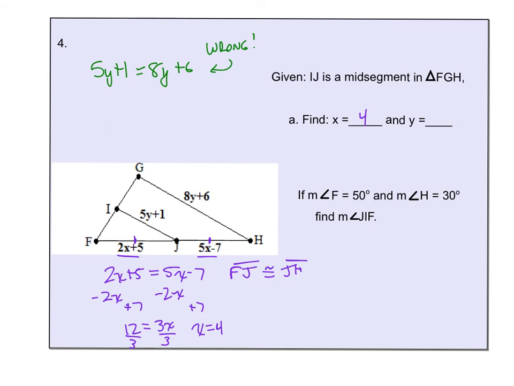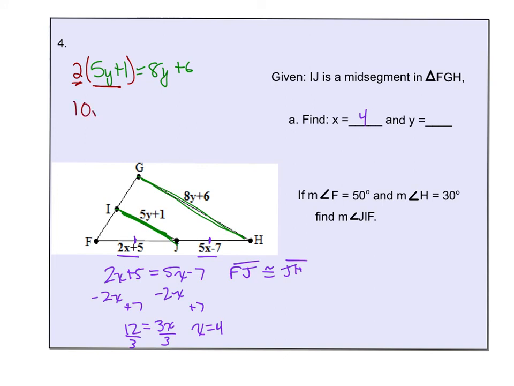Because remember, IJ is a midsegment. That means it's going to be half of this. So that means it's not 5Y plus 1. It's actually 2 times 5Y plus 1. Now that's correct. I'm doubling my midsegment, and that's equal to my parallel side.